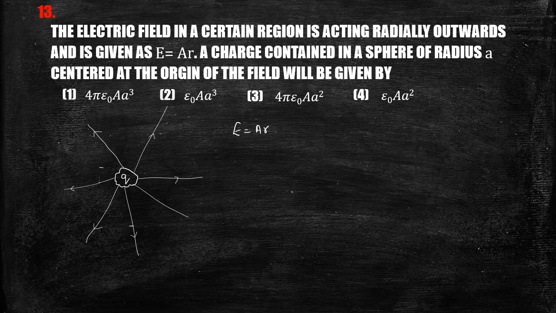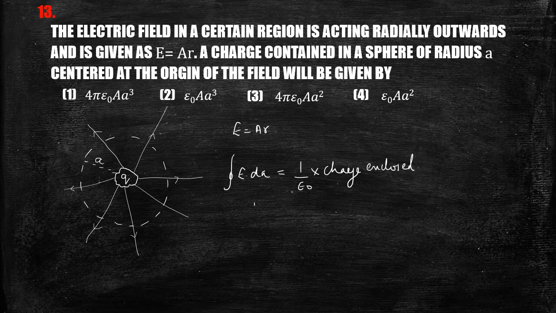Therefore, if we construct a Gaussian surface of radius a surrounding this charge, we can find the electric field, and hence by Gauss's law we can find the charge enclosed. By Gauss's law, closed integral E dot dA is equal to 1 by epsilon 0 into charge enclosed.